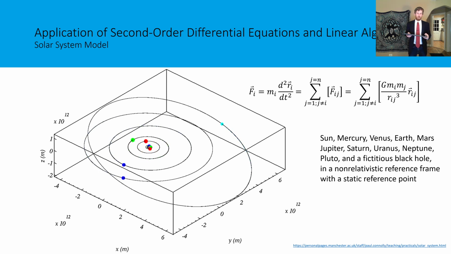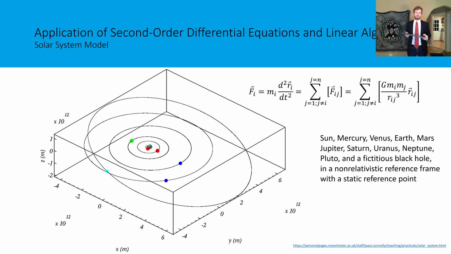So, what is the net force on Neptune? Well, the net force on Neptune is the sum of the forces on Neptune by all of the other celestial bodies in our model. So we're summing from j equals 1, the first index of a body, up to the last index of a body.